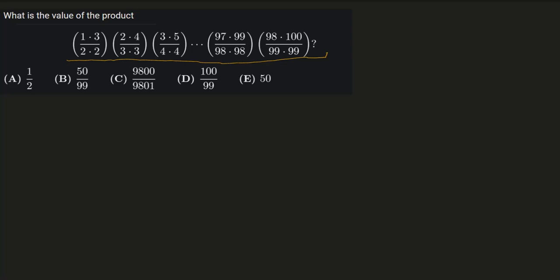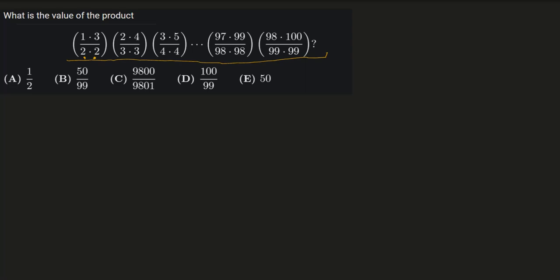In this problem, things become a little bit easier because the numbers are paired up, which will help us to find the pattern. First, let's look at the denominator in each pair. We see that in the first parenthesis, the denominator is 2 and 2, right?